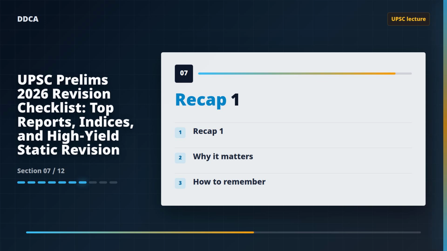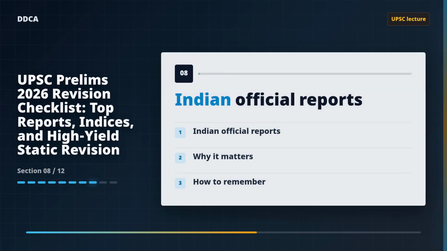For example, MOSPI publishes important data on national accounts and surveys. RBI publishes useful financial stability and monetary policy related material. Niti Aayog publishes policy documents and indices related to states, health, innovation, and development.